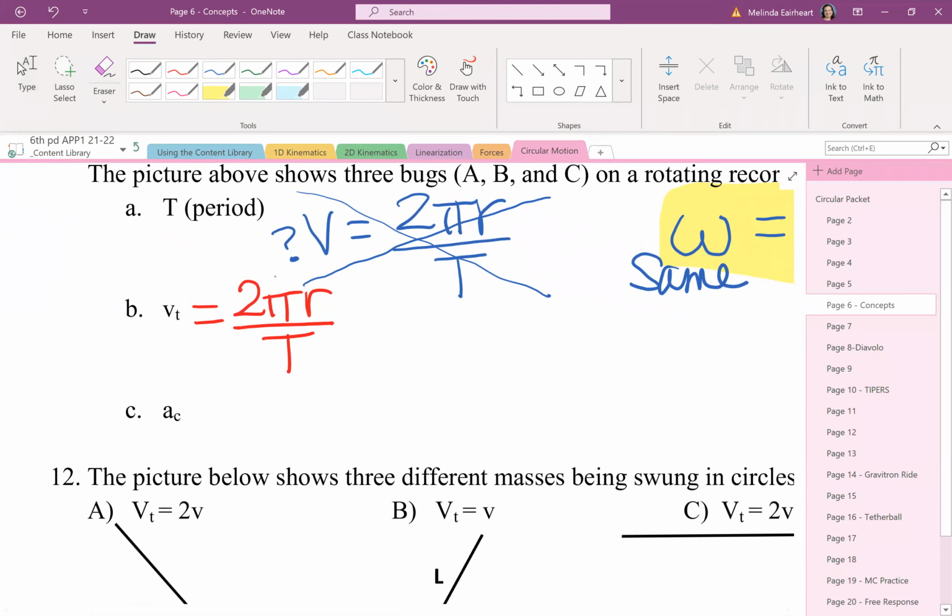By the way, this is just a little thing you can do. If you haven't noticed, in physics we have a lot of equations. Sometimes we combine equations. What did we just define as 2 pi over period? Angular speed. We get a new equation: velocity can also equal omega times r, angular speed times radius.